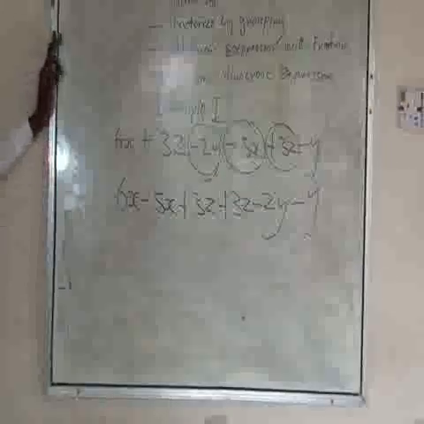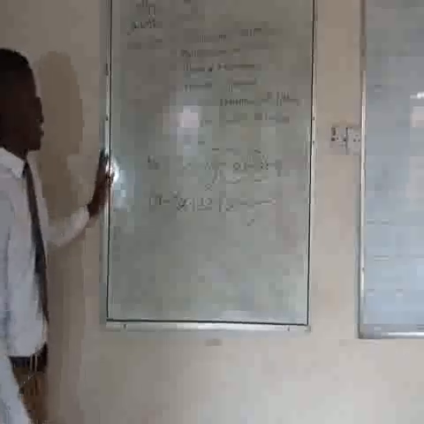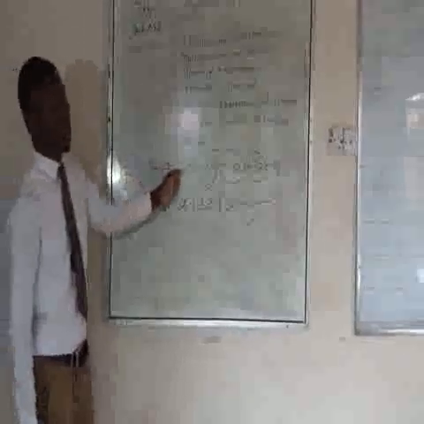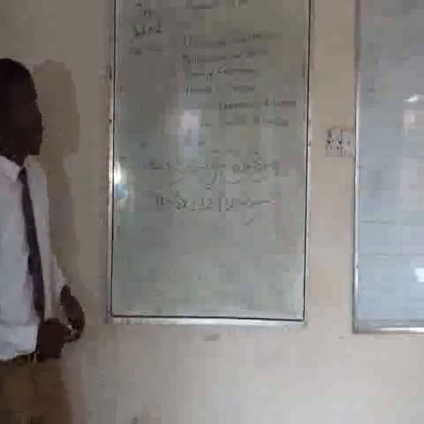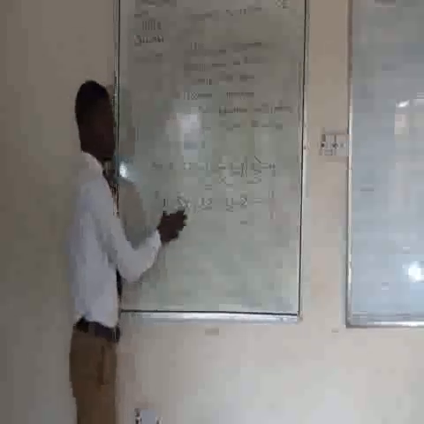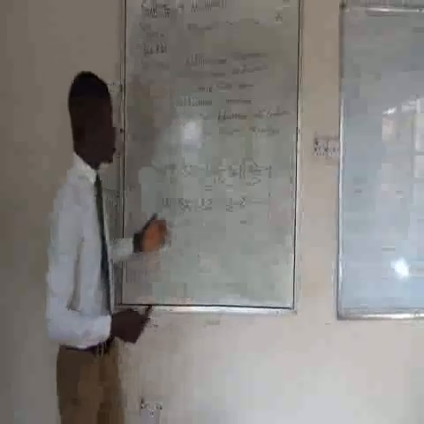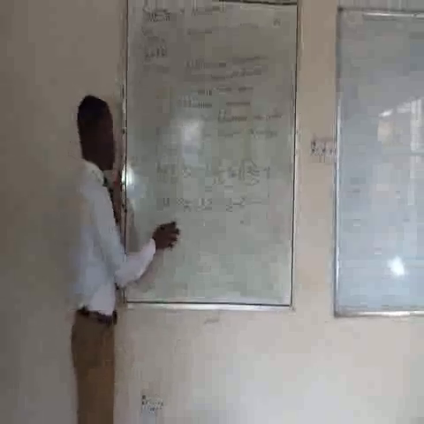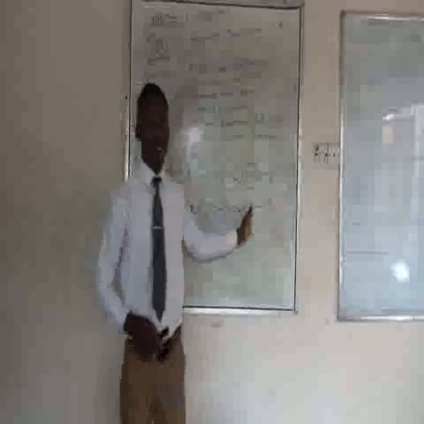Then let's add and subtract. We are going to rearrange this and collect like terms. What I mean by the word like term is we are going to group it based on the alphabet, or let me explain more deeper. If it's orange, orange will go to orange, apple will go to apple, and maybe beans will go to beans.